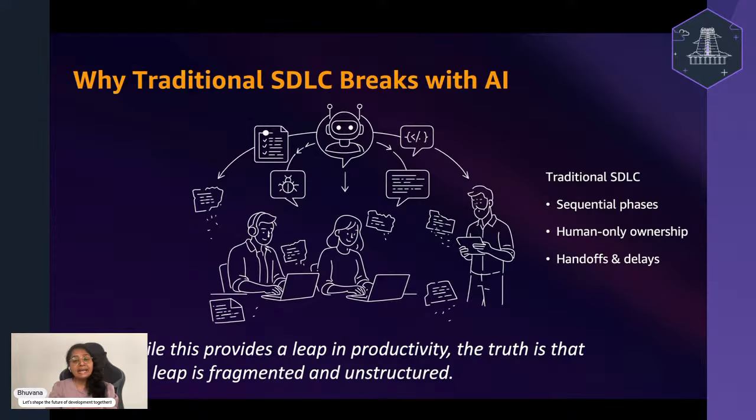So why does the traditional SDLC break with AI? Traditional SDLC, like the agile methodology, has sequential phases. Humans take complete ownership, and there are definitely delays when handoffs are needed. While this provided a leap in productivity, of course, the invention of Agile itself was to accelerate development so that every 3 weeks a shippable finished product is delivered to production.